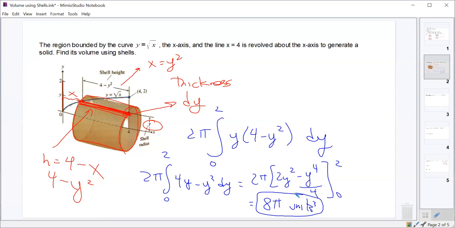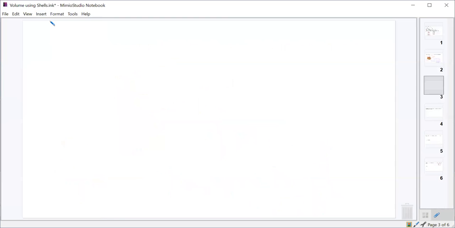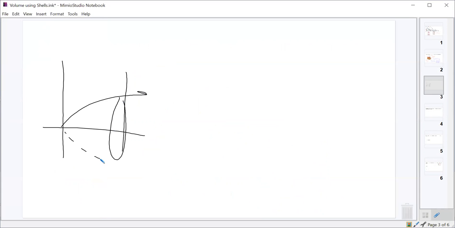And what would we have done if we had done that? 0 to 4 of root x. If we revolve that around the x-axis and slice it, we do it in terms of x, dx. We do pi times the integral from 0 to 4 of the radius.